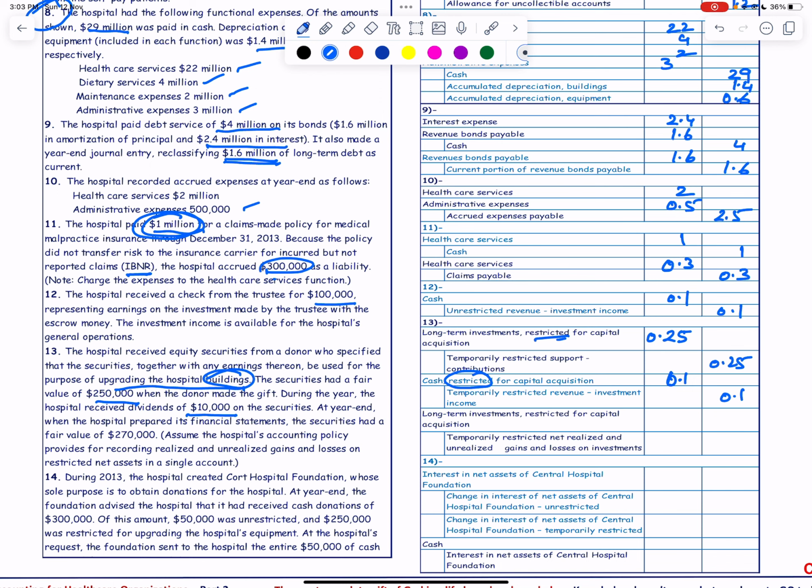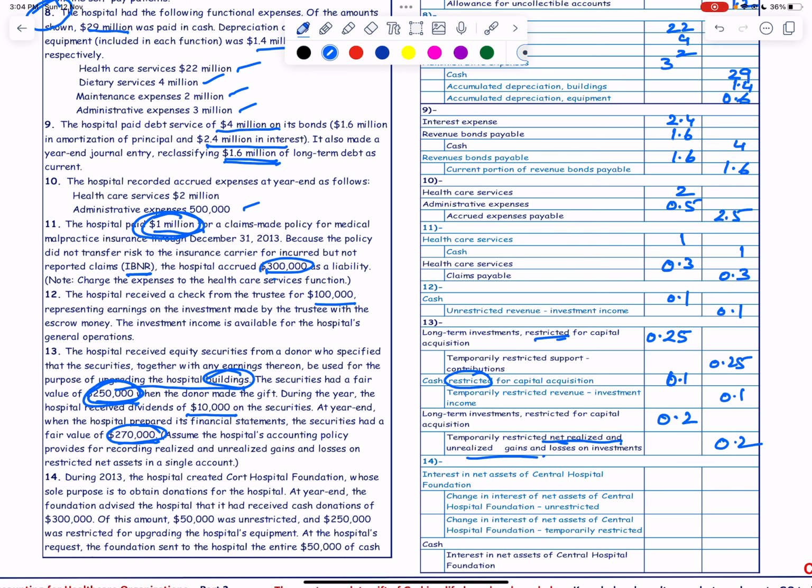Then at year end, when the hospital prepared its financial statement, the securities had a fair value of 270,000. So there is an increase of 20,000. So long-term investment restricted for capital acquisition is debited by 20,000, and temporarily restricted net realized and unrealized gains and losses is credited by 20,000.